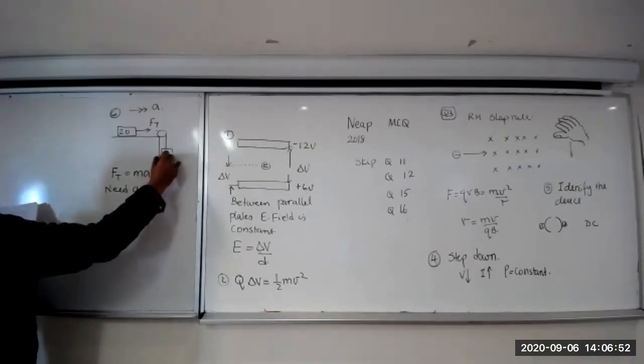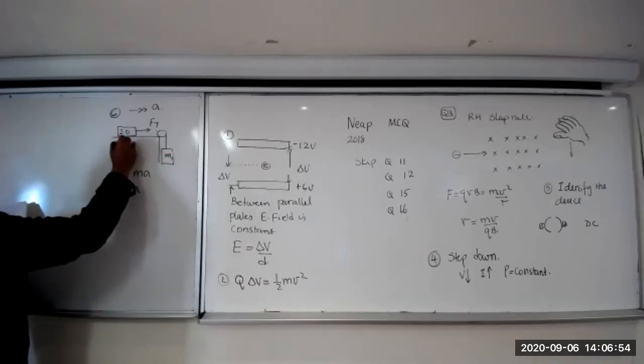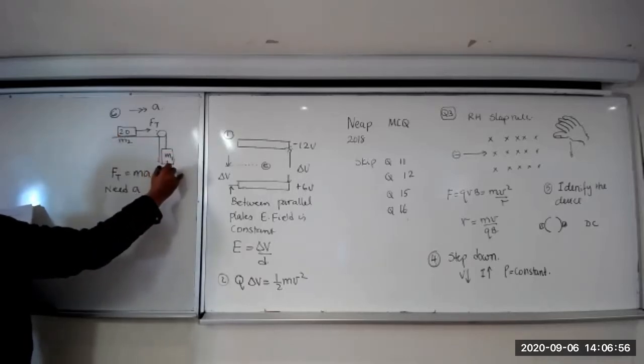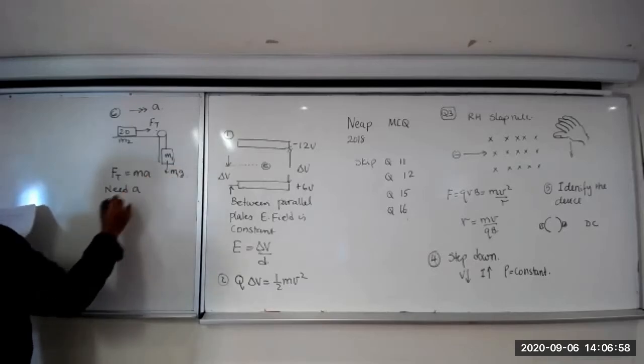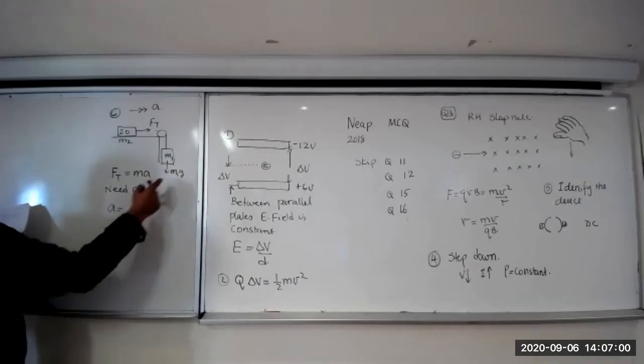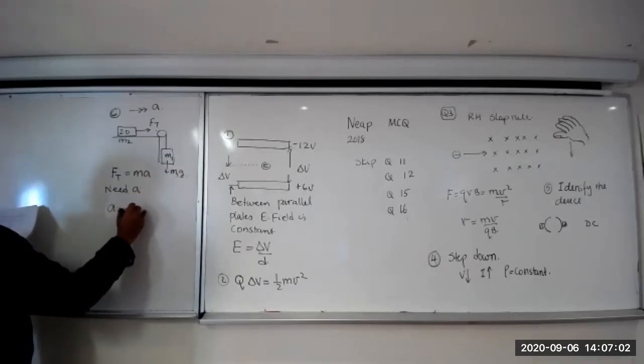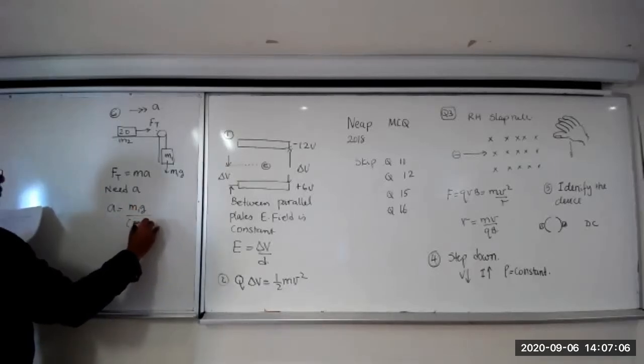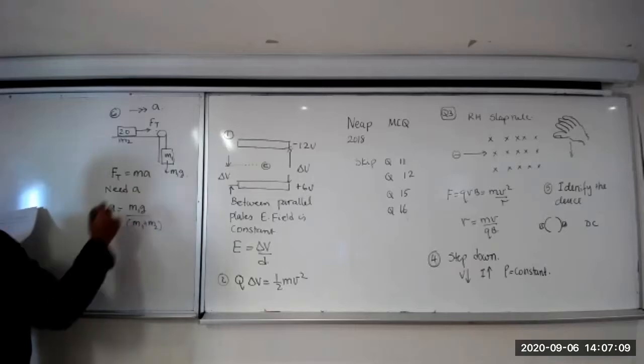If that is M1 and that is M2, the driving force is M1 g. So you can find the acceleration by F net, which is M1 g divided by M1 plus M2. Once you find that, just substitute.